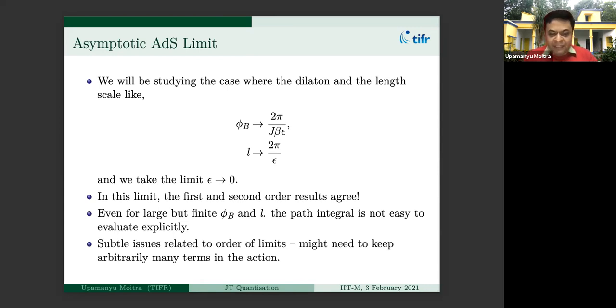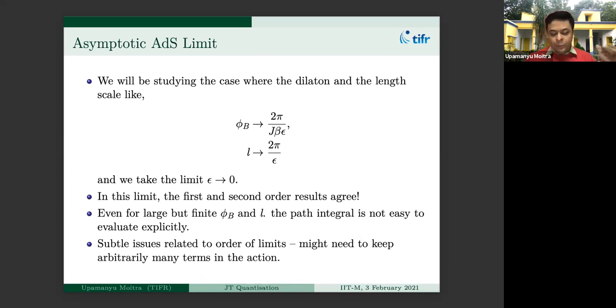But even for large but finite phi_b and L, the path integral is rather difficult to evaluate explicitly. And there are subtle issues related to the order of limits. When we evaluate the path integral, we'll see what I mean by mode number in a moment.